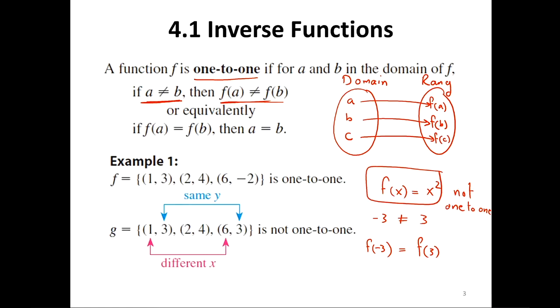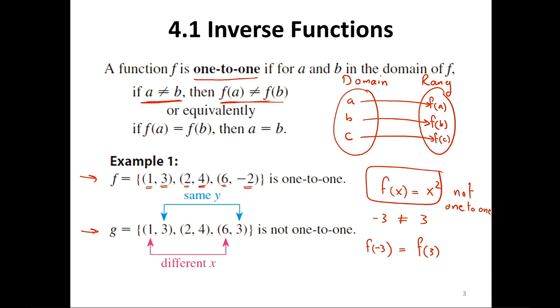If we need to check one-to-one in the pairs of points like this in F and G, look at the x coordinates 1, 2, 6, and the y coordinates 3, 4, and -2. These are different. So each value in the domain has a separate value in the codomain or the range.